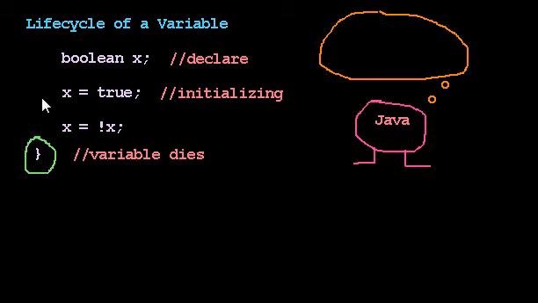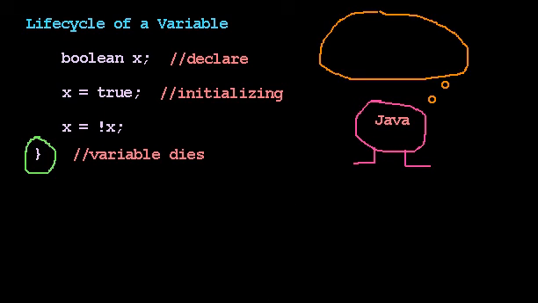And as far as which closing brace, it's the brace that corresponds to the block of code where the variable was declared. We're going to go through some subtle examples about how that works in just a second. I want to point out one more thing about variables before we get into that.